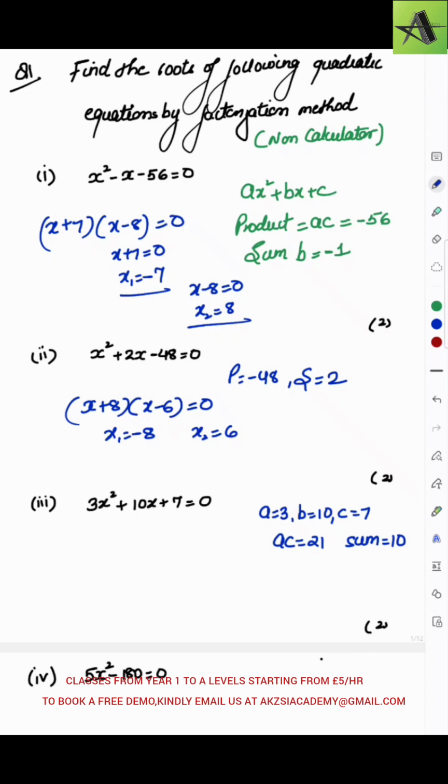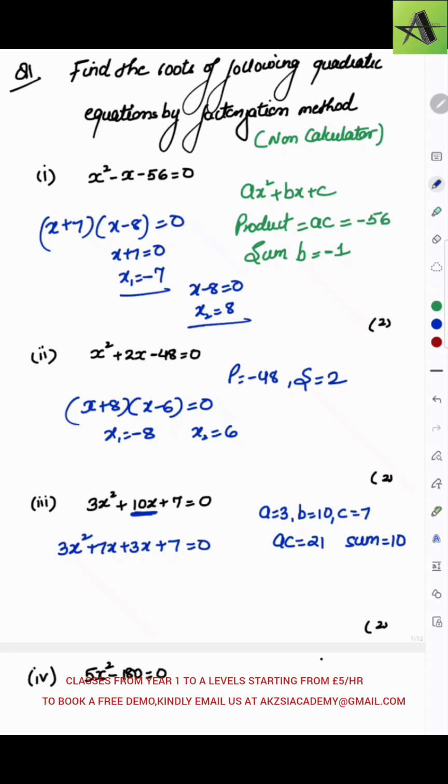This factorization is done by splitting the middle term, and this is why we find sum and product. So this middle term 10x can be divided into those two numbers that we have calculated, which is 7 and 3 in this case. So 3x squared and 10x can be written as 7x plus 3x. So plus 7x plus 3x plus 7.